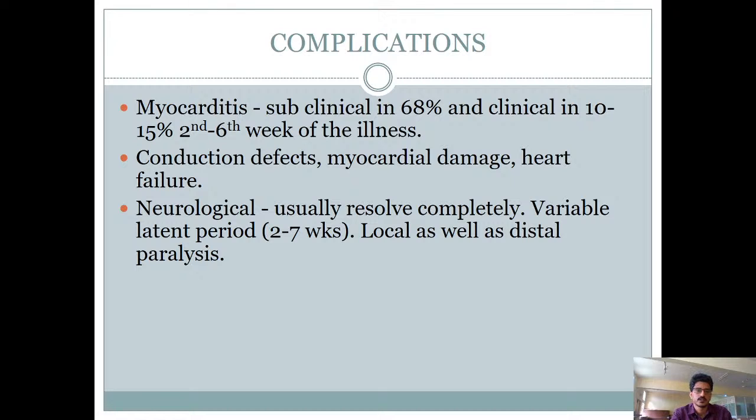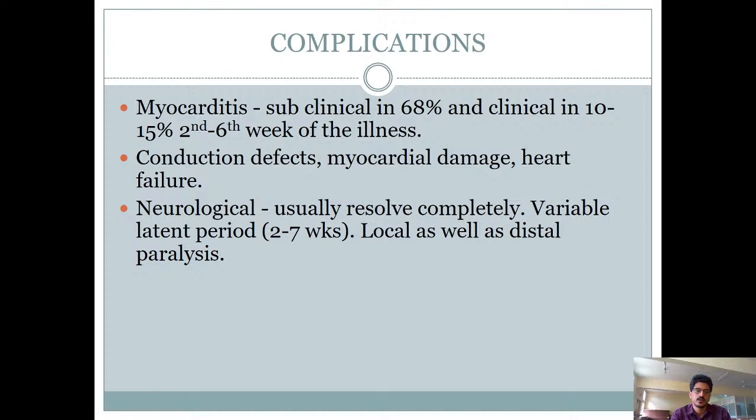So what are the complications? I have said because of the toxin, the three major organs are affected: heart, nervous system, and renal. Myocarditis is subclinical in 68% and clinical in 10 to 15%. It mostly occurs in the second to sixth week of illness, and myocarditis can develop during the diphtheric phase because of the toxin production.